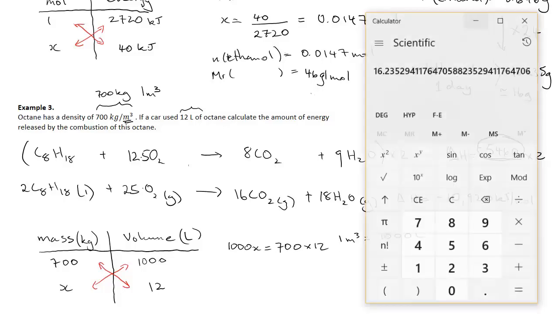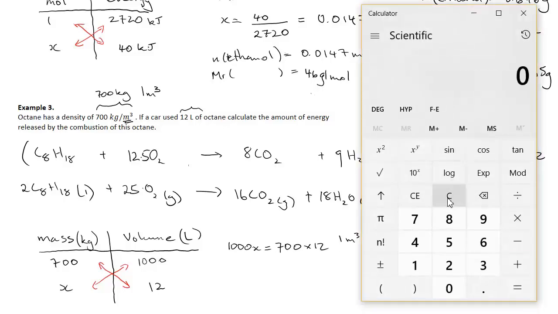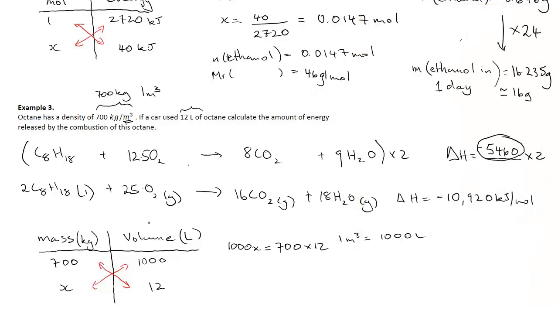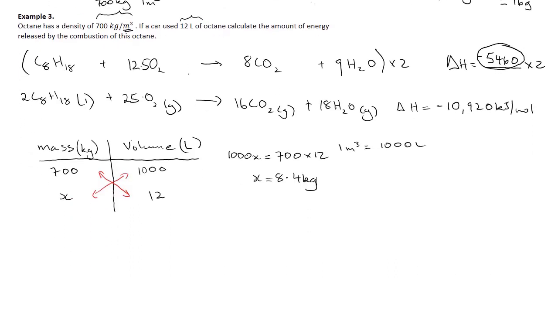Okay, so we'll work that out. 700 times 12 divided by 1,000 is 8.4. So X is equal to 8.4 in this case. And that's in kilograms. So 8.4 kilograms of octane is needed in this situation.